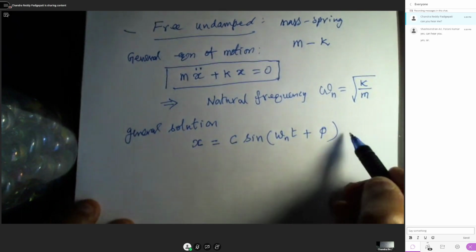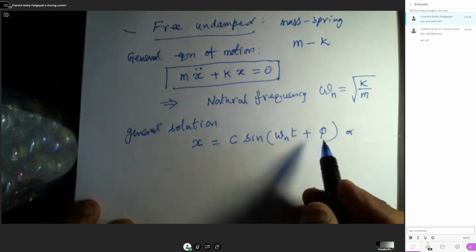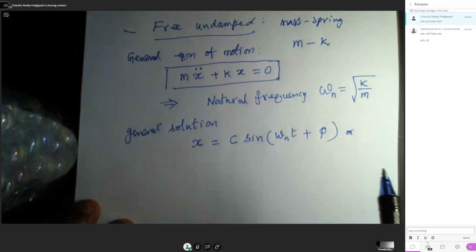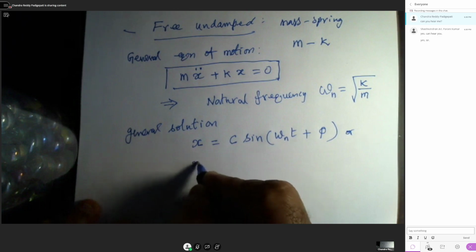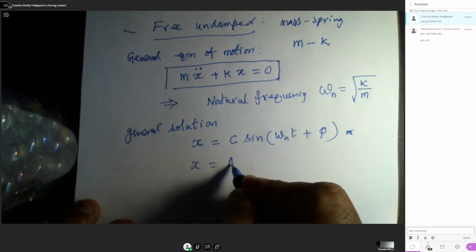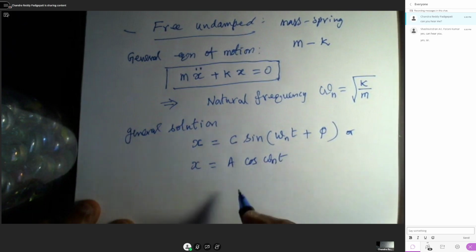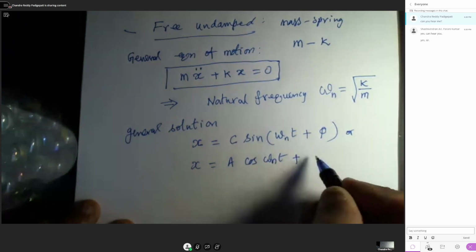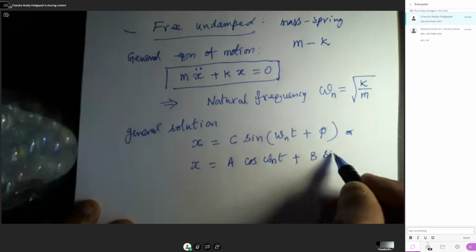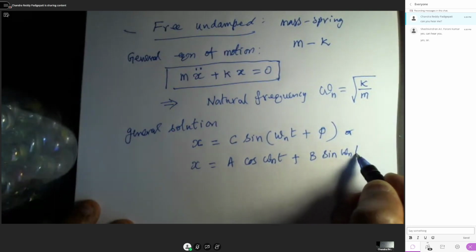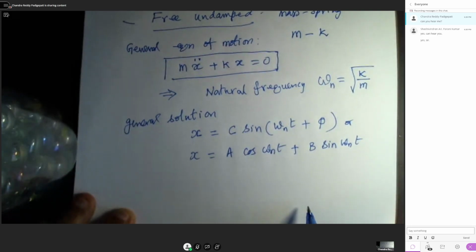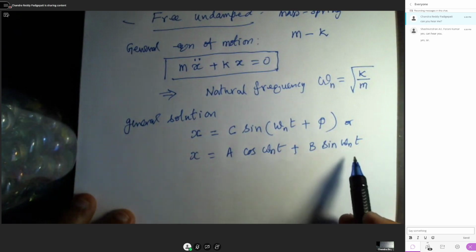We can also write this general solution involving sine and cosine terms. For example, a cos omega n t plus b sine omega n t. This format is also okay.